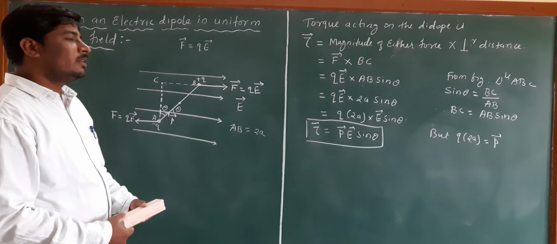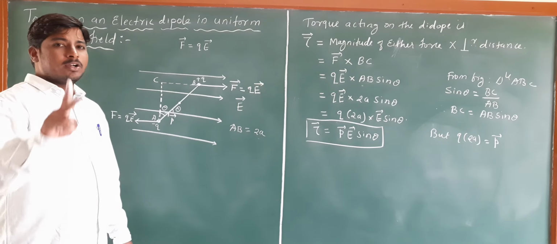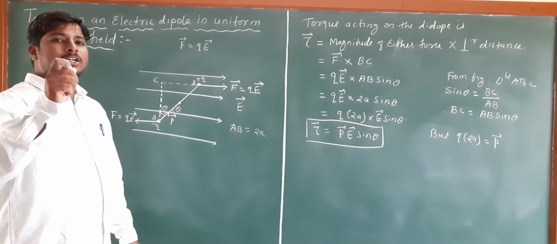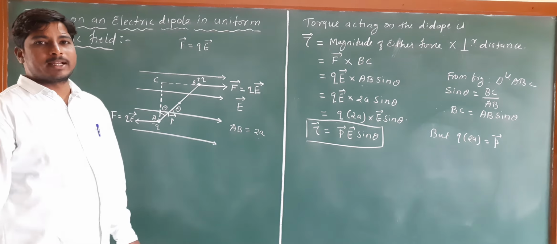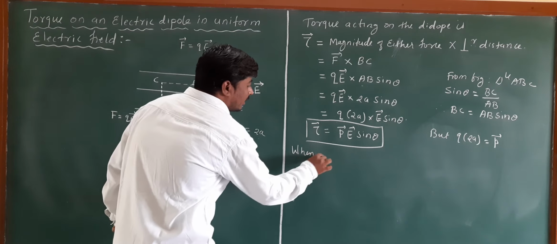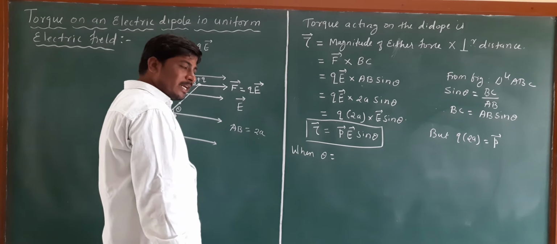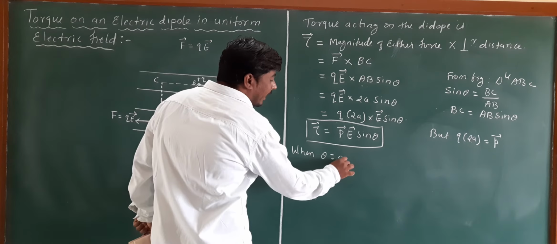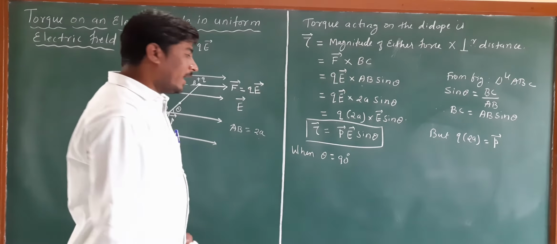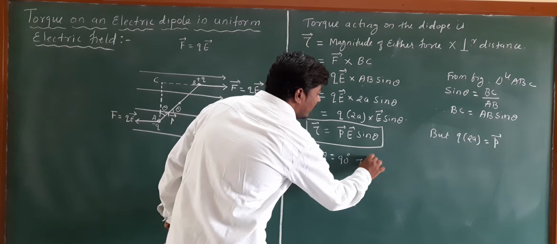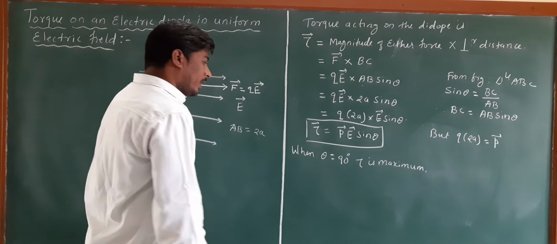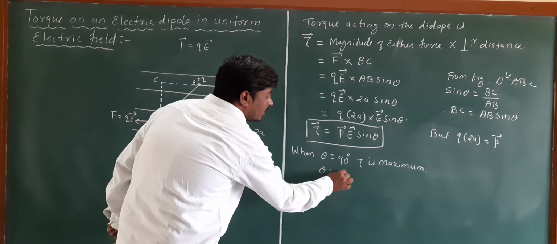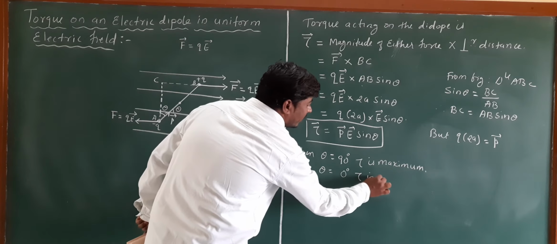Then there is a question asked in the examination for 2 marks: when is the torque maximum and minimum in the uniform electric field? When theta is equal to 90 degrees, torque is maximum, and when theta is equal to 0 degrees, tau is minimum.